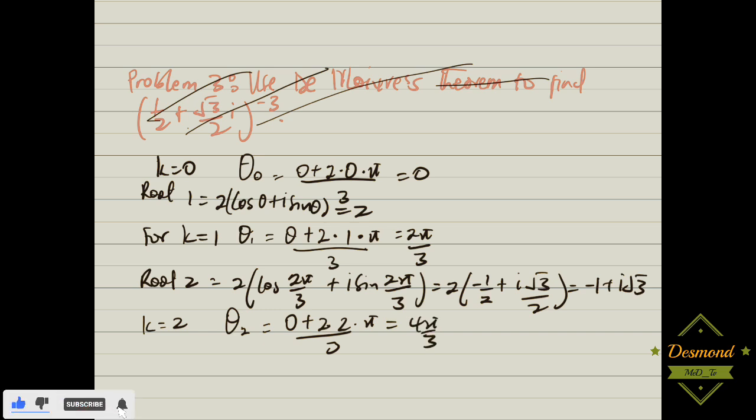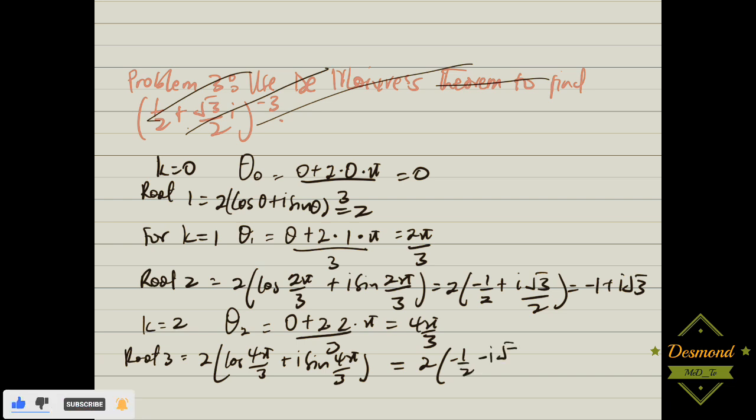Then for root 3, we should get 2 open bracket cos 4 pi on 3 plus i sin 4 pi on 3, and when we simplify it we get 2 open bracket negative 1 on 2 minus i root 3 on 2, and simplifying it we should get negative 1 minus i root 3, and this is our last answer.